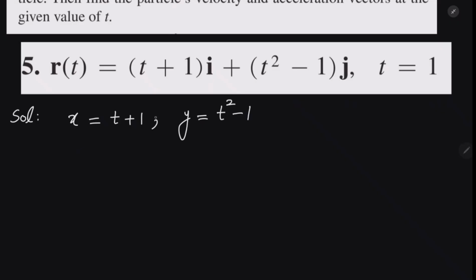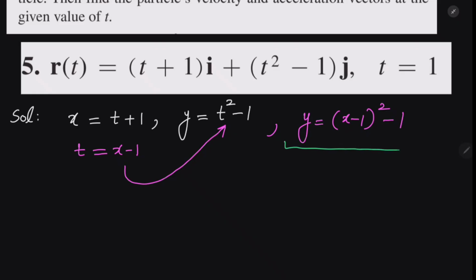So from this equation, we can write t is equal to x minus 1 and put that value over here. So we have y is equal to (x minus 1) whole square minus 1. So this is the equation of a parabola.